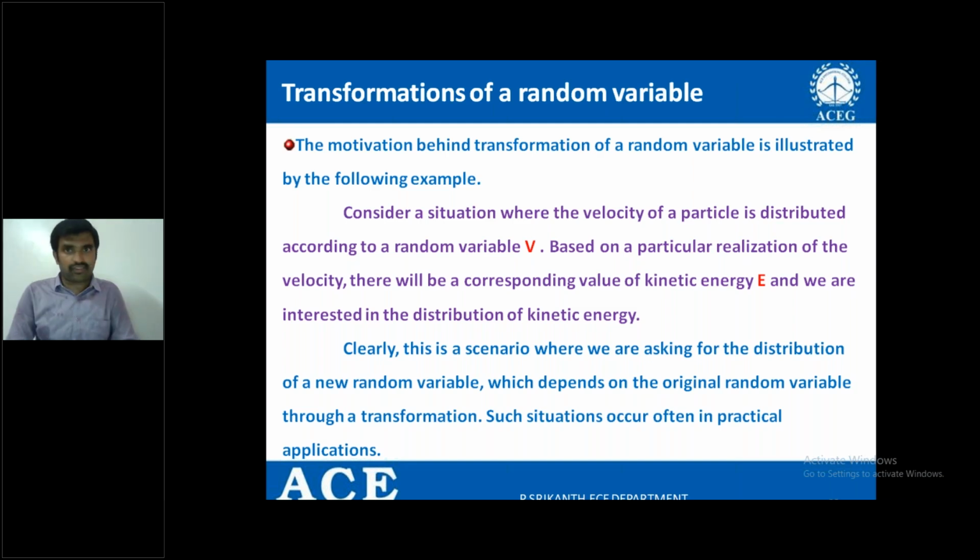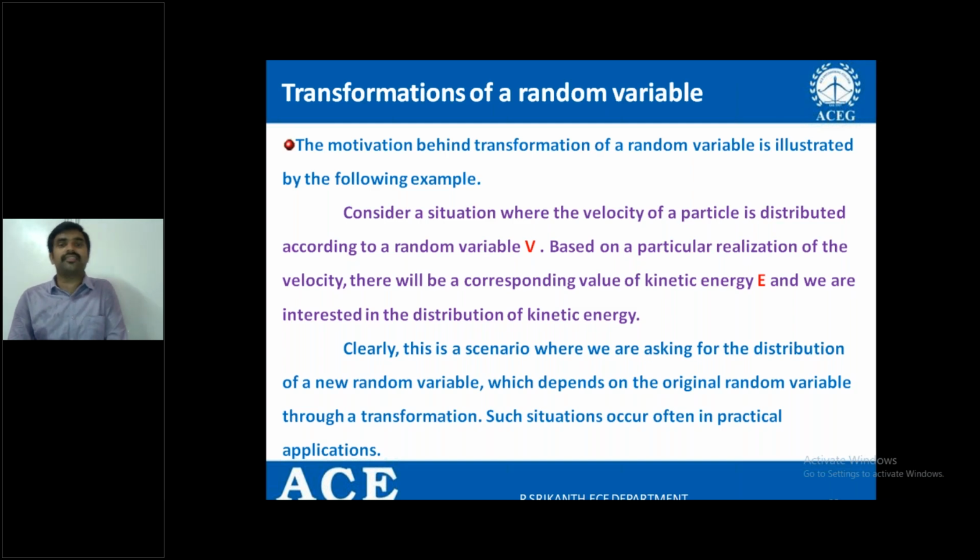But how do you apply the transformation? Ultimately, to apply the transformation, we need to know the relation between these two. What is the relation between velocity and kinetic energy? If you don't know the relation, you cannot transform, right? So to transform variable v to variable E, you need to know the relation between the two. If you know the relation, you can transform, right? So based on the relation, you can decide which type of transformation is required, right?